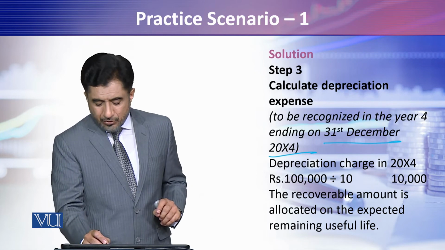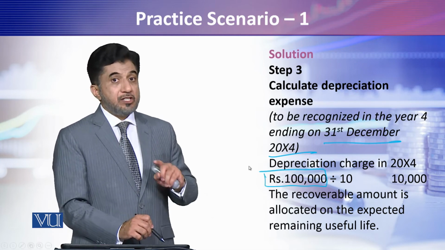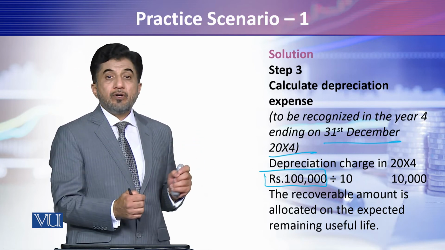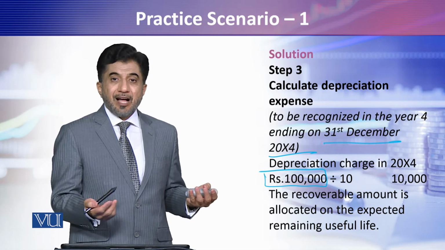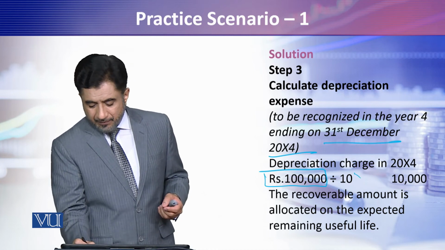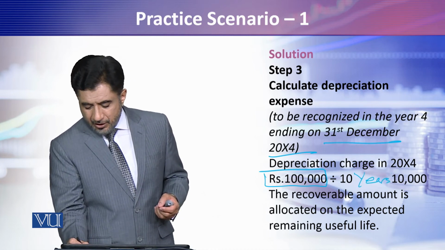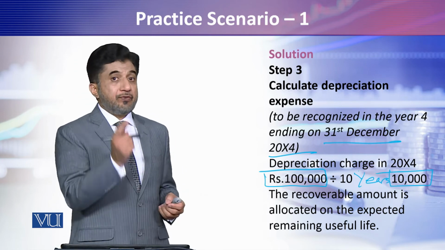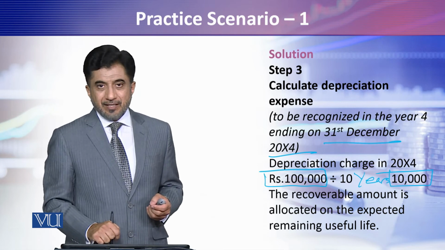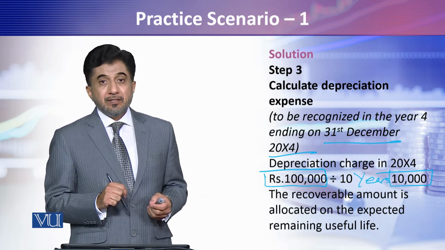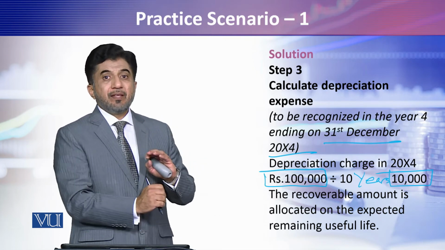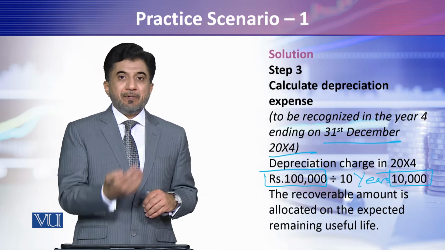So that 100,000, which was your asset's value at the start of the year, is now going to be depreciated over the next 10 years because the useful life changed. Now you will divide that 100,000 by 10 years, leaving a depreciation charge of 10,000 for this year 20x4. Got the point? So this is how an asset which has been impaired will be subsequently depreciated.